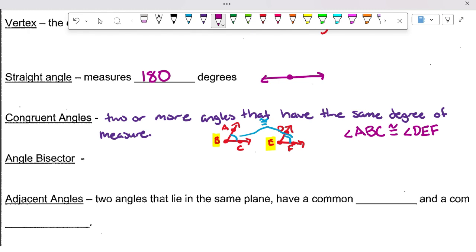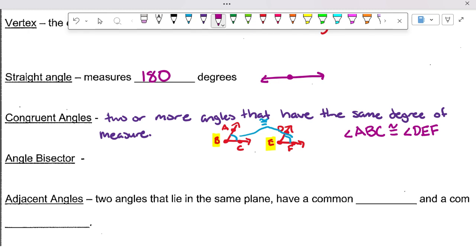Now, angle bisector. So, bisector, what does that sound like to you? Think about the root of the word bisector. What comes to mind? 2. All right? That's exactly what it means.